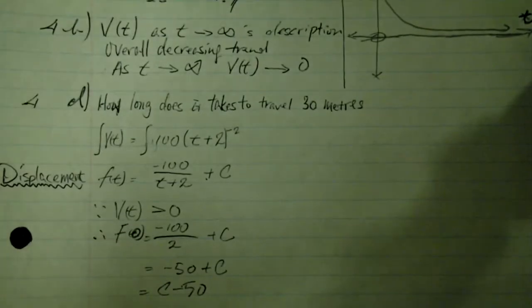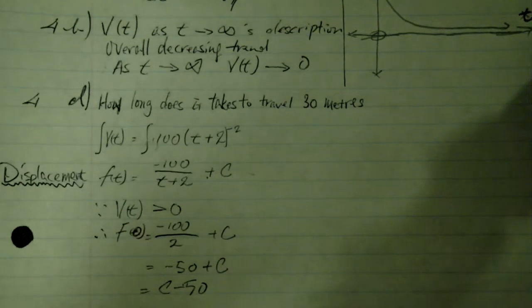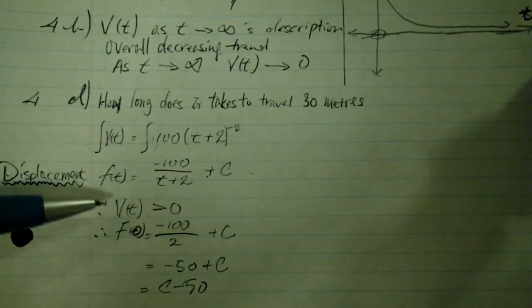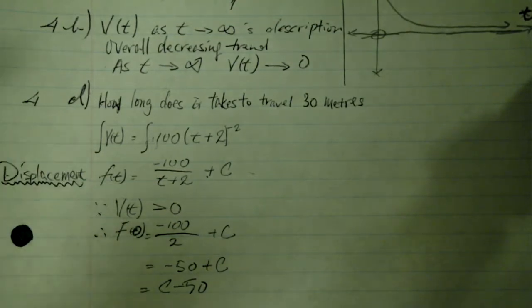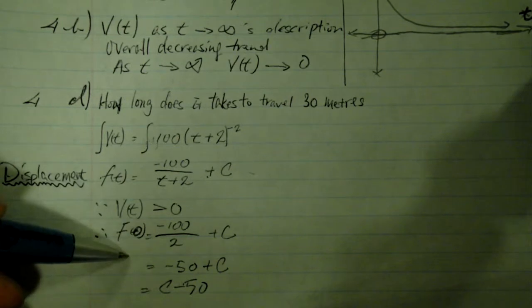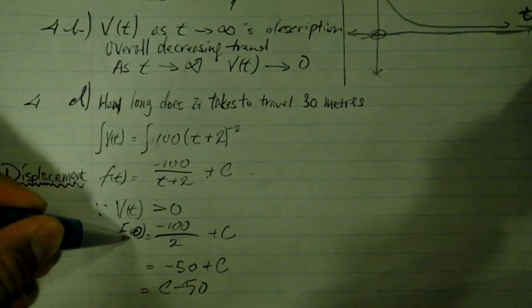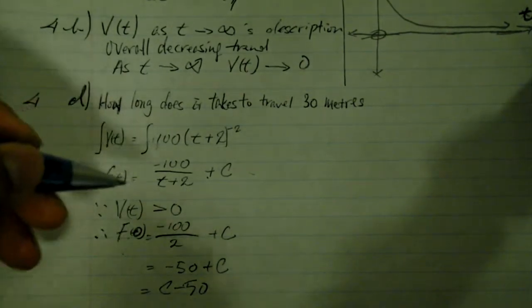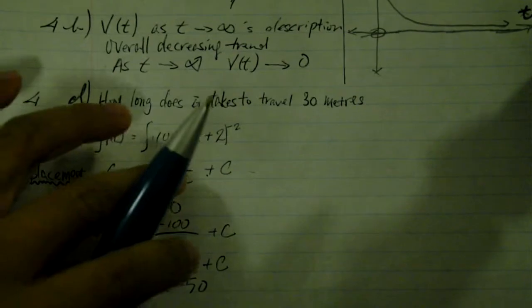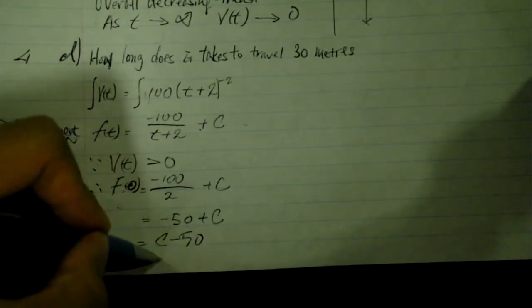Because we have this unknown, we'll have to find a way to find this constant in order to find our equation. Because we know that near infinity it's also nearing 0, instead of negative or anything else, we know that the original displacement function when t equals 0 gives, when you plus c and it equals 0, negative 50 plus c.